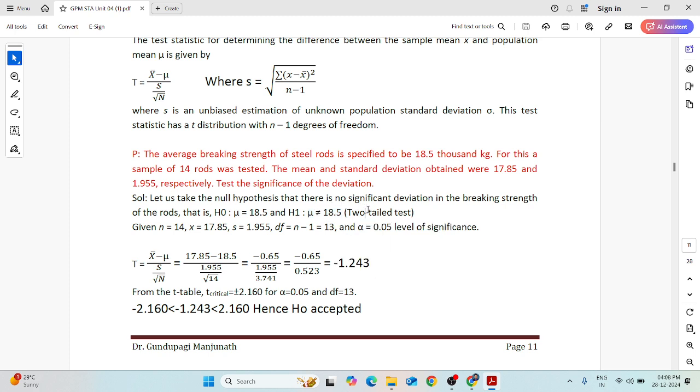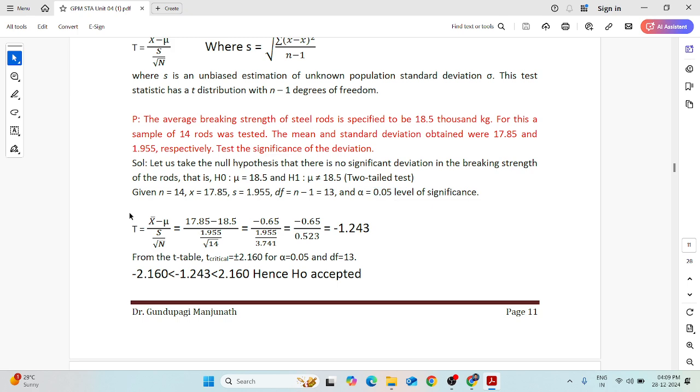So it is a t-test. How many rods are there? The number of rods is 14, x mean is 17.85, and the standard deviation is 1.95. The degrees of freedom is n minus 1, which will be 13, and alpha, the level of significance, will be considered as 5%.